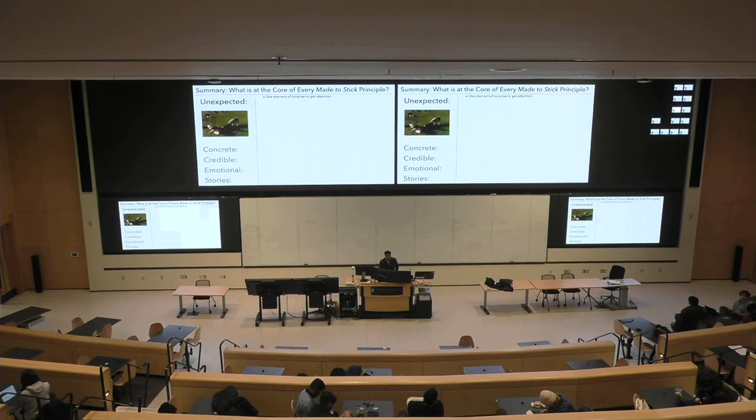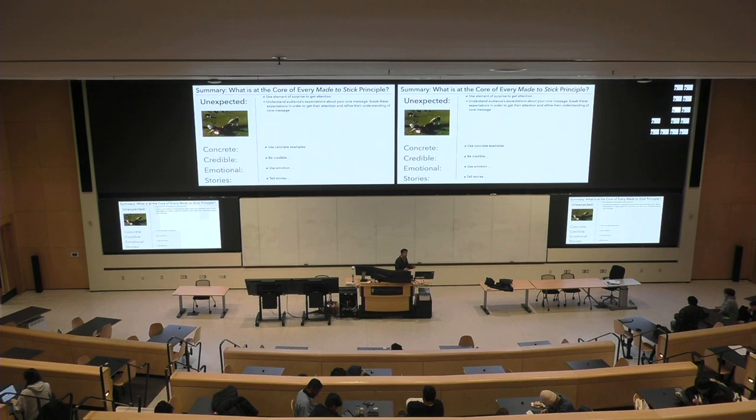Okay, and similarly, surprise is not the only thing there, right? And then similarly with the other concepts, it's not about just using concrete examples. It's not just be credible. It's not just use emotions or tell stories, right? In the context of unexpectedness, it's about understanding that audience's expectations about a set of core messages, or core message, and to break these expectations in order to get their attention and refine their understanding of the core concept, okay?